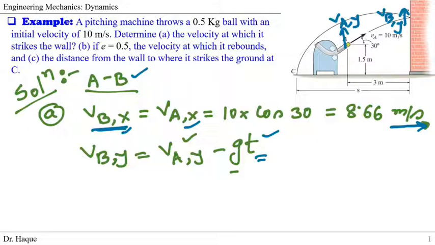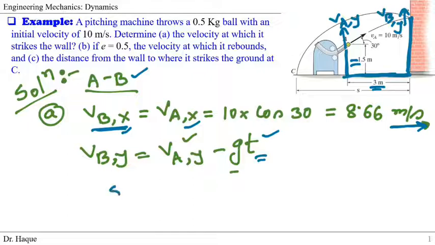So you see the distances in x and y direction are given. Since we don't know the height of point B here, we cannot use the change of position from here to B, but we know the change from A to B is this 3 meters. So maybe we can use that. Let's see. If not, then we have to figure out something else. If we go back to our chapter 12 equations, what is the displacement?